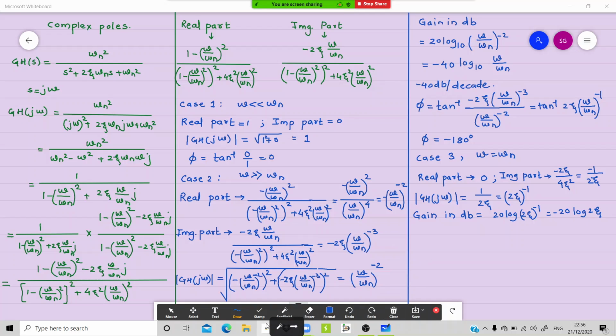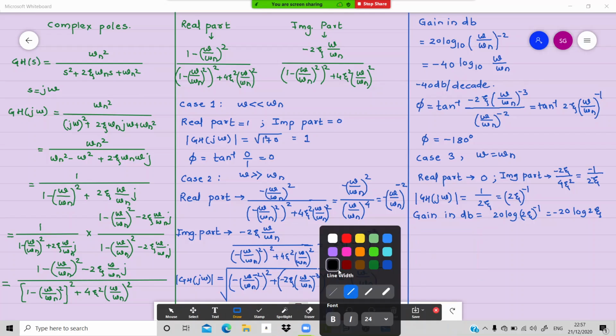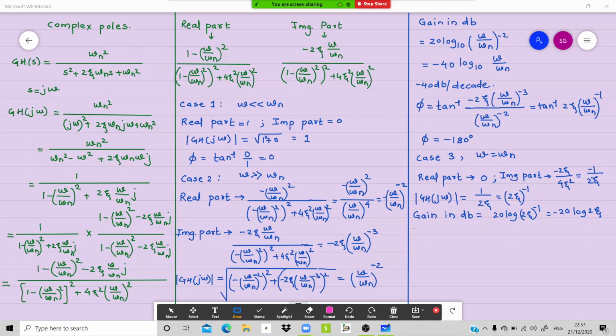Okay, so I'll draw a small table and you'll be able to understand what is happening as the zeta changes, what will happen to the value of the gain. Only 3 cases we'll consider because those are very important, and based on that only the peak is going to depend.